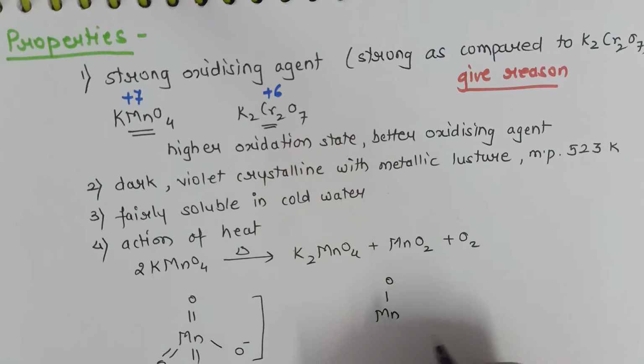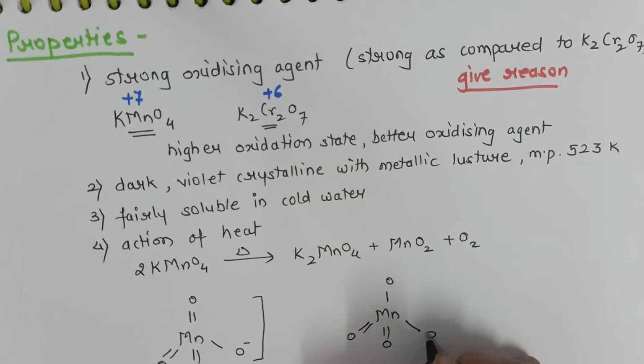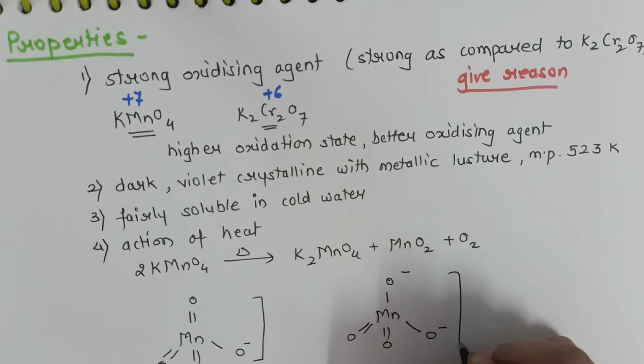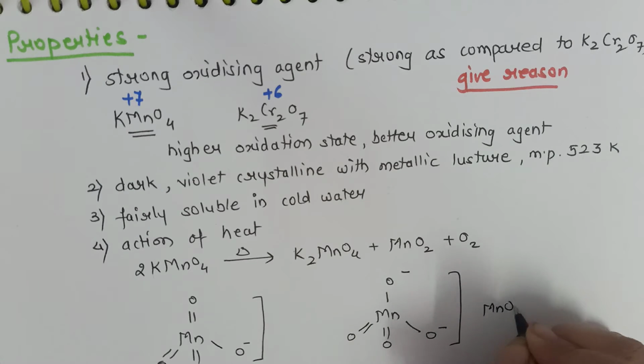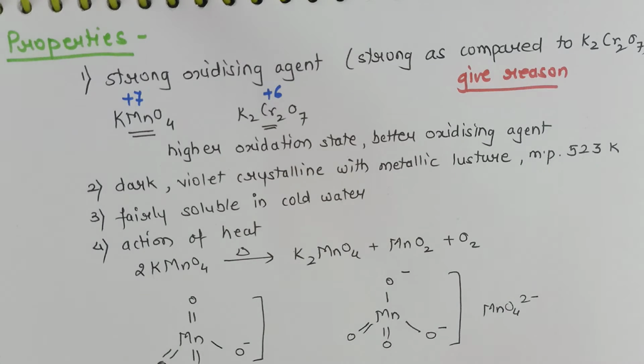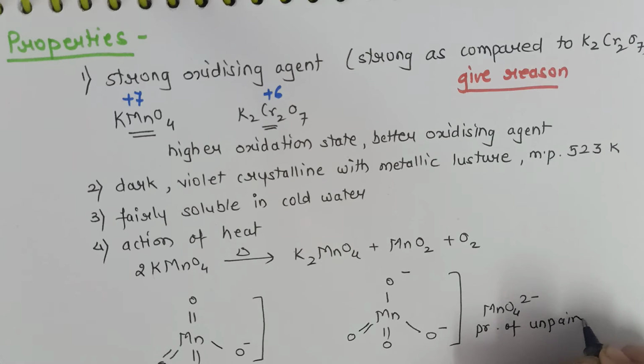Whereas in case of MnO4 2 minus, that is the manganate ion, that is also tetrahedral, but there will be 2 minus charges on this, and therefore it is dark green in color. So the presence of 2 unpaired electrons makes it dark green.